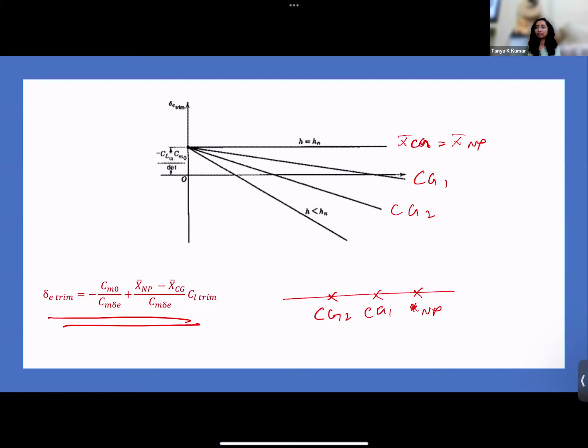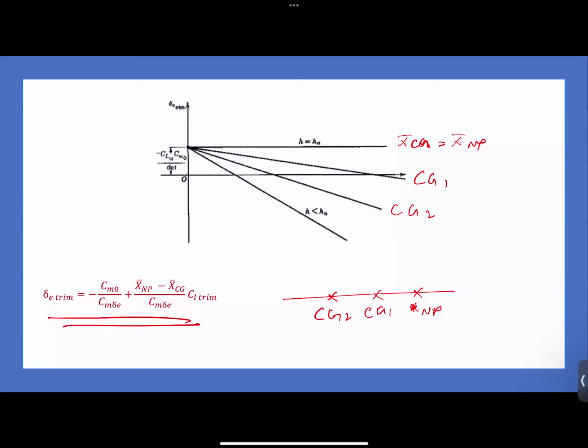So you can also understand it in different ways. When the CG moves away from the neutral point, does the aircraft become more or less stable?